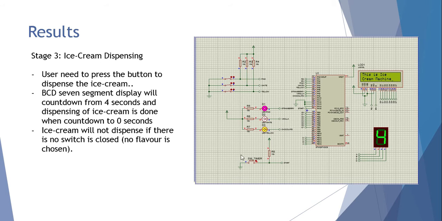The user will need to press this button to dispense the ice cream, and the BCD 7 segment display will count down from 4 seconds to 0 seconds. When the countdown is 0 seconds, it means that the dispensing of ice cream is done. And if no switch is closed, the ice cream will not dispense, which indicates that no flavor is chosen.